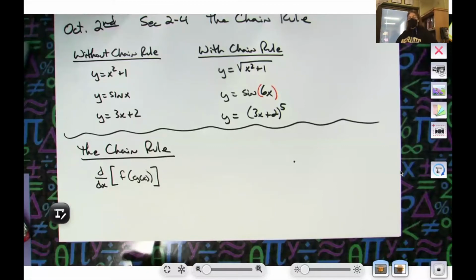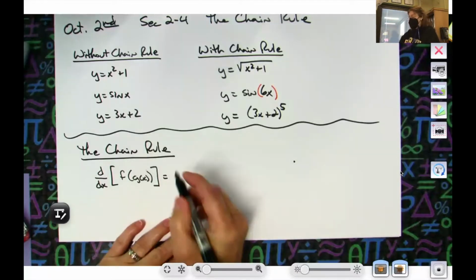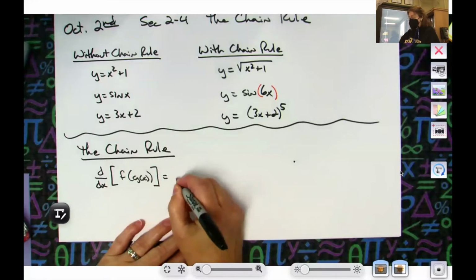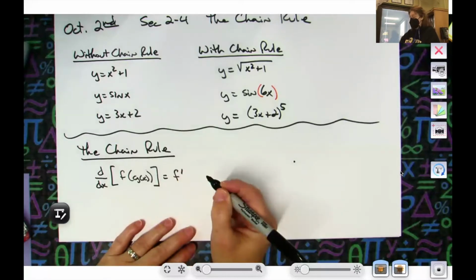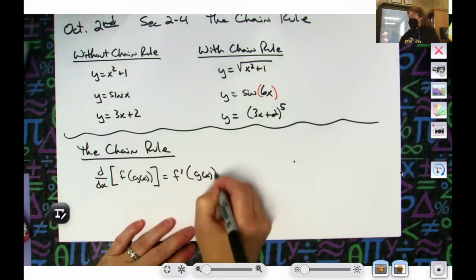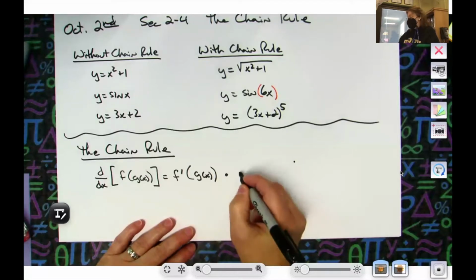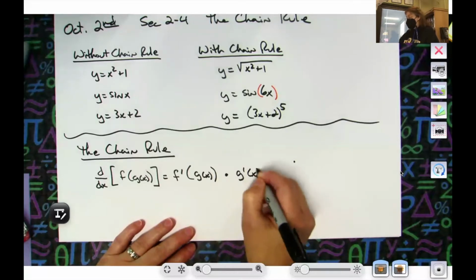I'm going to verbally say it and then write it as I say it. We take the derivative of the outside function, f prime, leave the inside function alone, and then multiply it by the derivative of the inside function.